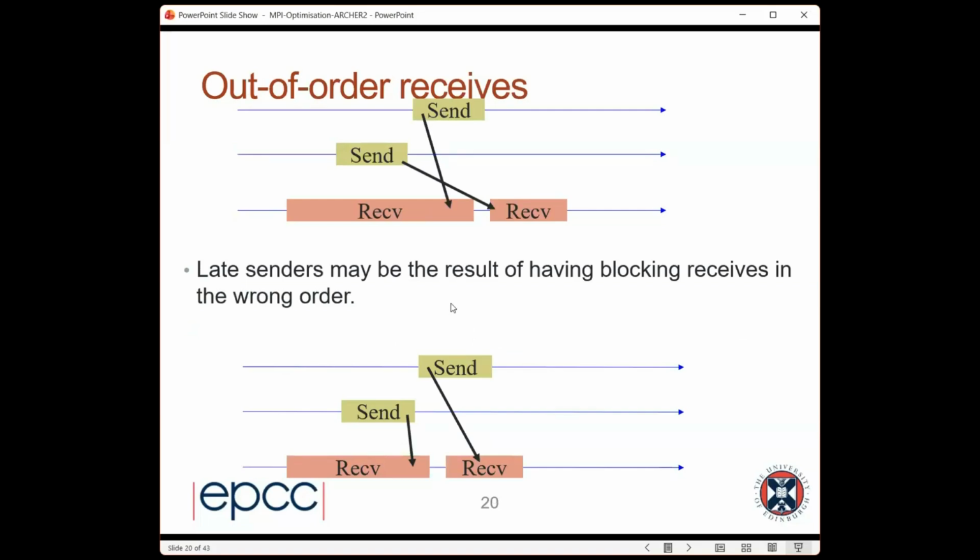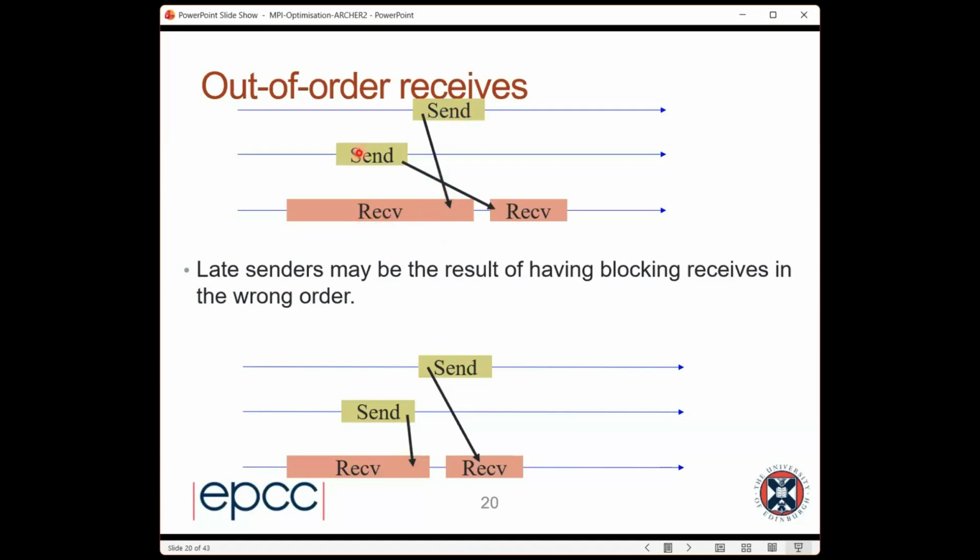You can also have late senders because of out of order receives. For example, you're expecting a message from these two ranks. You issue this receive first, which is coming from this send.